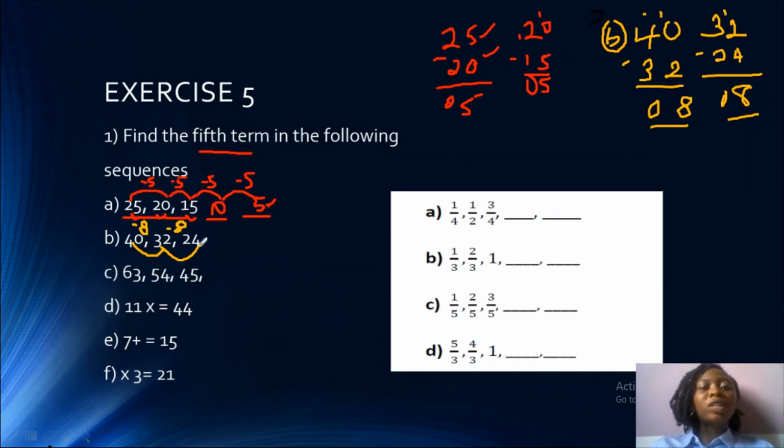So then what would be the next one, which is the fourth term, and then we can find the fifth term. So that is 24 minus 8. So this is 14 minus 8. We borrow 1 from 4.